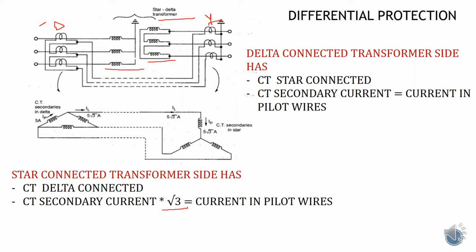As we know, in star, the phase current and the line current are the same. Therefore, the CT secondary current here will actually be the current flowing into the pilot wires. It's important to note that the current flowing in the pilot wires from both sides of the transformer must be the same for normal condition. Hence, these two points must be noted and taken care of while calculating the CT ratio or any other factor.